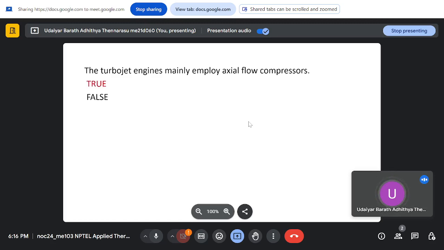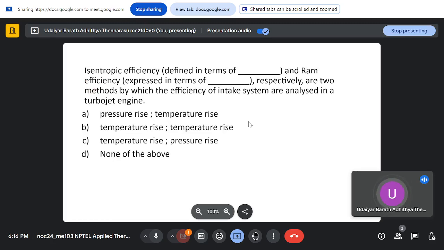So answer is true. So it's an axial flow compressor. If you see in aircraft, you have on the wings, the flow is in the direction of the axis. So these are axial flow compressors, and your exhaust is also axial. So it's an axial flow compressor.